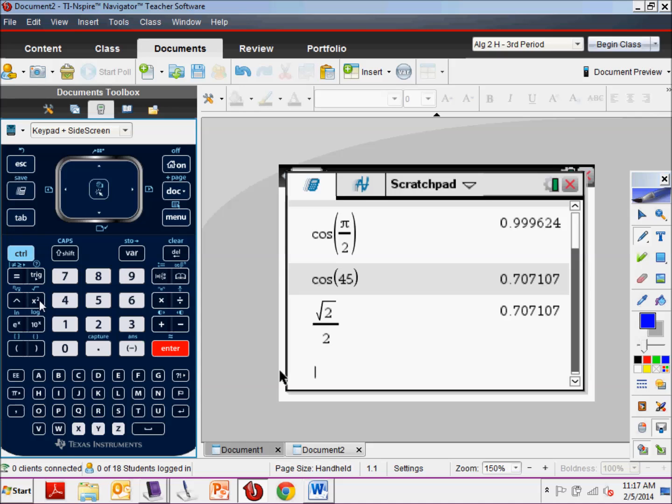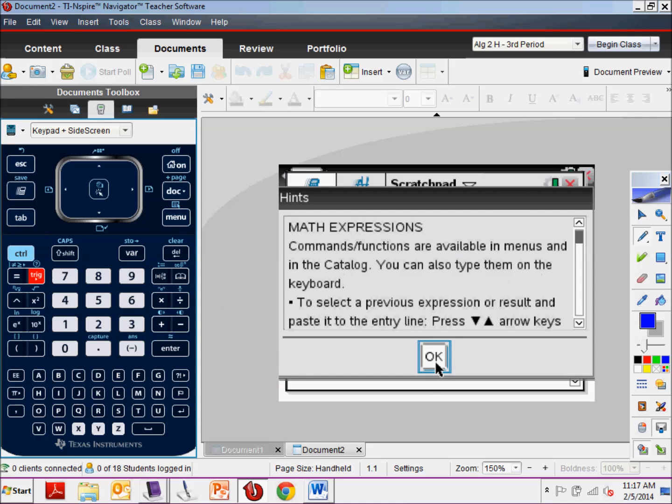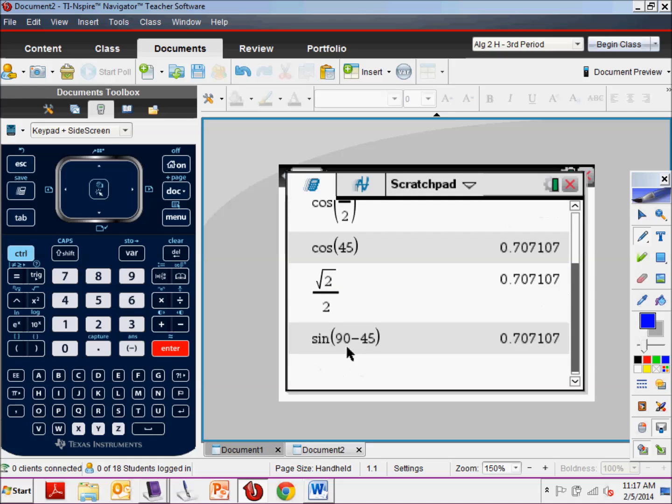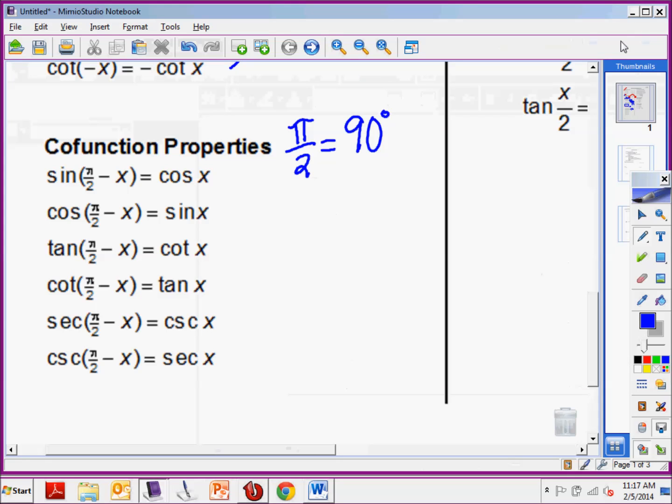And so what this is telling me is that if I put in sine of 90 degrees minus 45, I should get the same answer. And do I? Okay, that's why they're saying that these are equivalent. That's the cofunction properties. That's all it simply is saying.